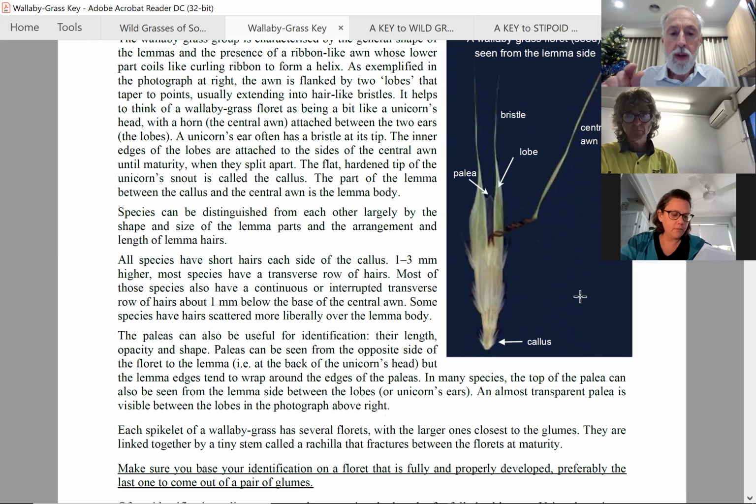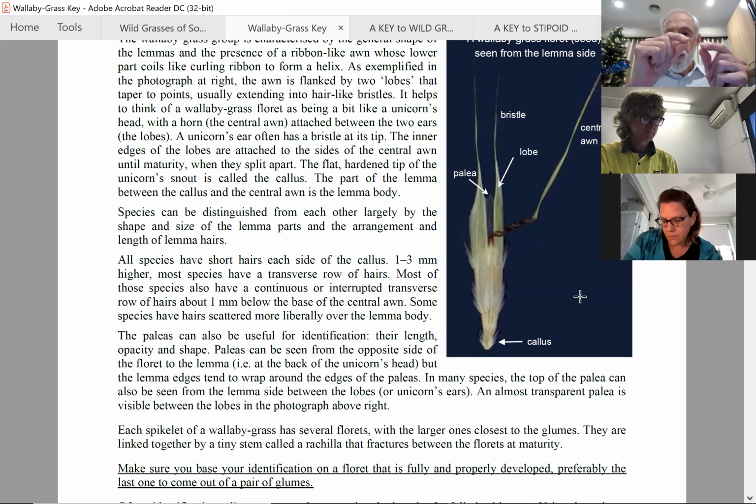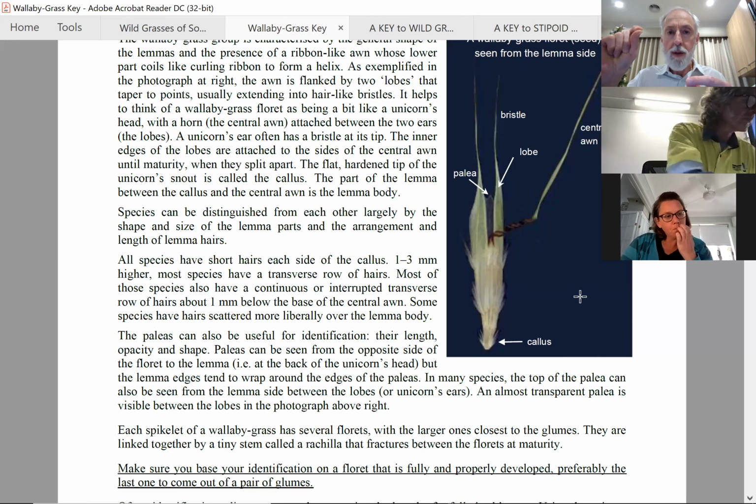Firstly, if you have a look at your specimen, what I'd like you to do is pull some seeds out from inside one of your pairs of glumes and see how many there are. Now, it may have already shed some because I got material that is ripe, but try and pull them out as carefully as you can so that you get the full number and try counting them.